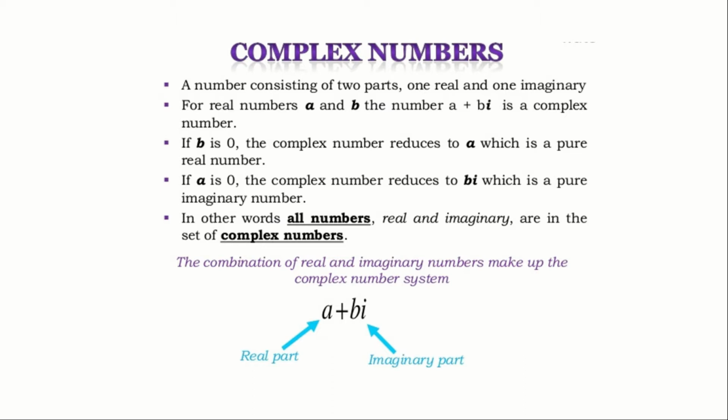If a is 0, the complex number reduces to bi, which is a pure imaginary number. In other words, all numbers, real and imaginary, are in the set of complex numbers. The combination of real and imaginary numbers makes up the complex number system. So a is the real part and bi is the imaginary part.